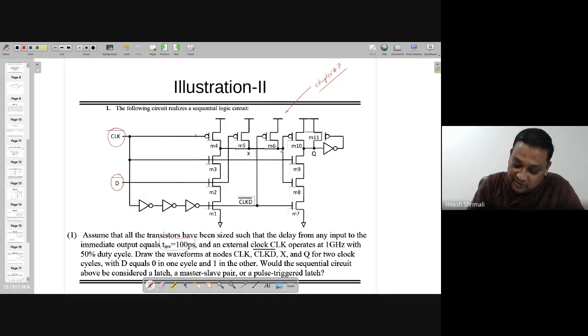If you are talking about delay from here to here, it's also one logic gate, so 100 picoseconds. From Q to the output of this one is also 100 picoseconds. And there are 3 inverters, so from clock to clock D bar is going to have 300 picoseconds of delay.